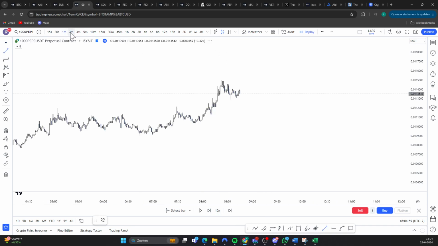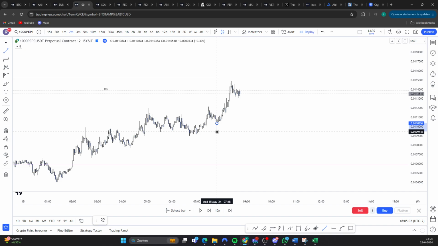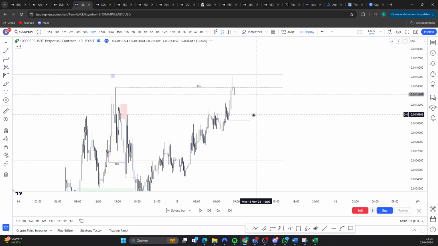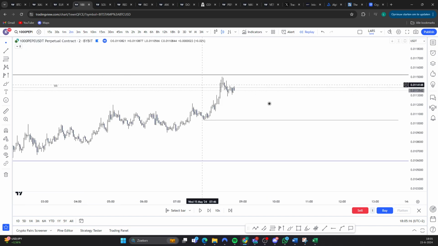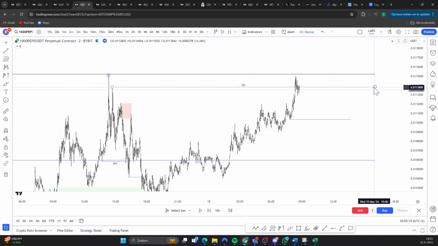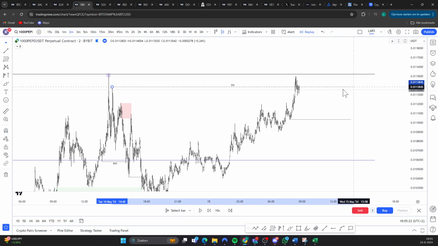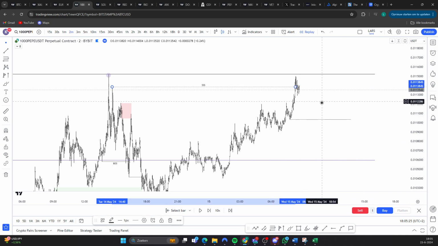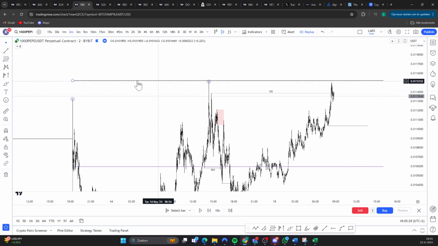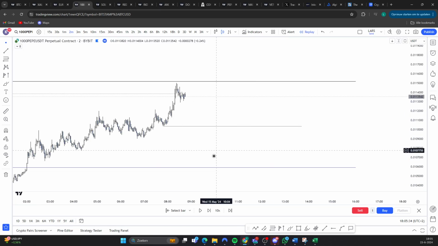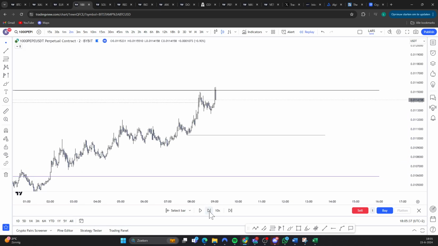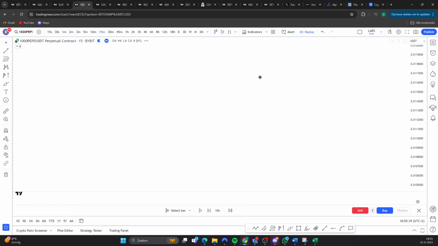Most important structure point is this one. There you go.